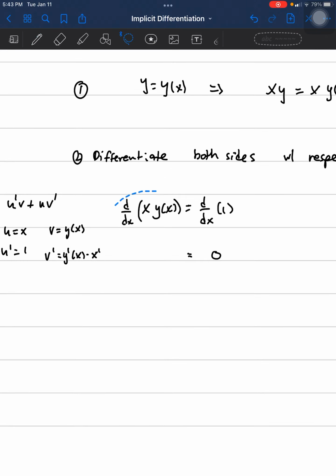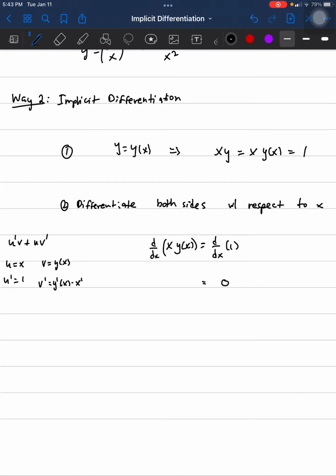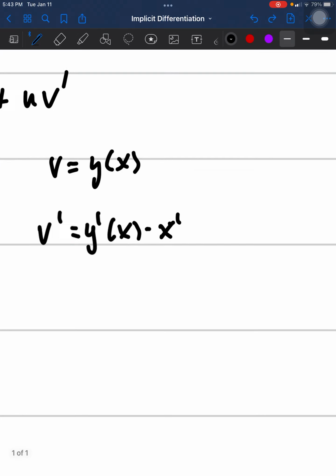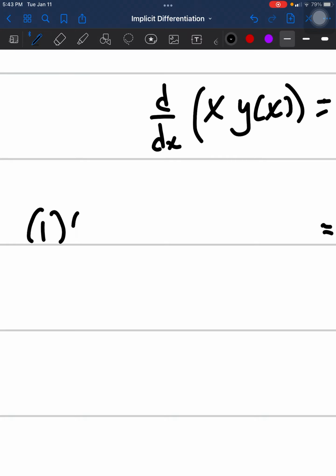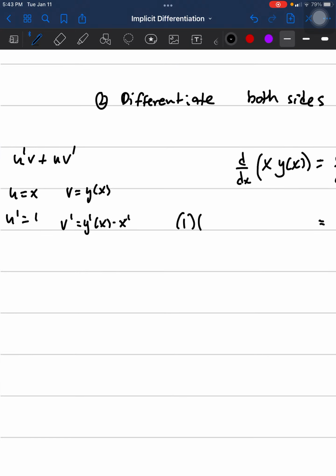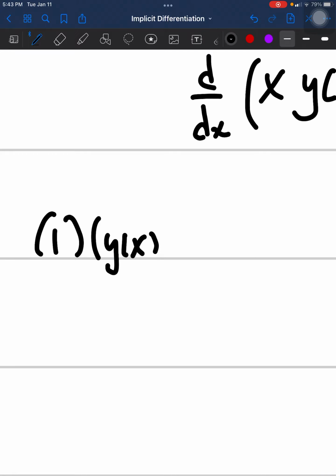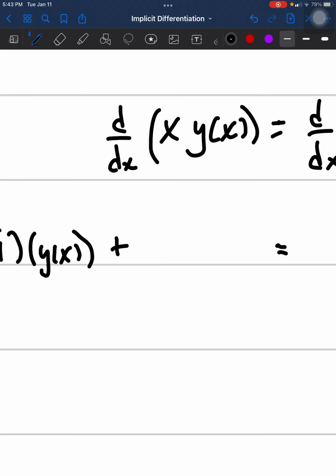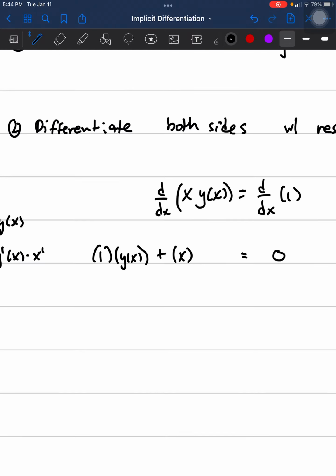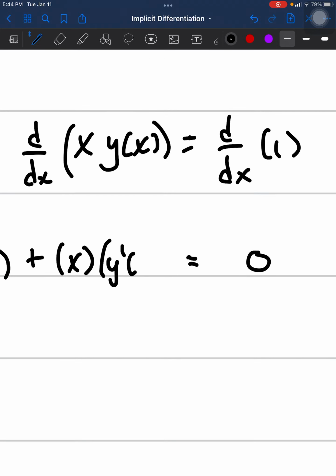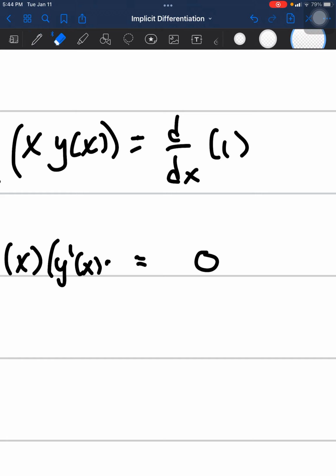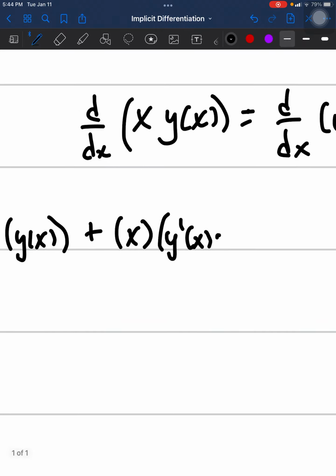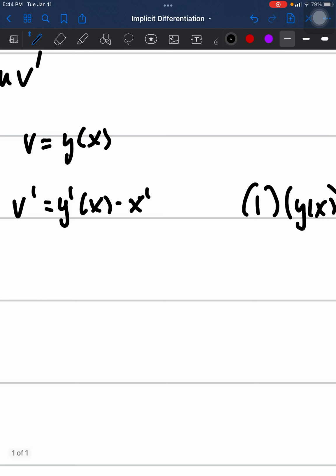So I'm moving on. Now we can put everything together. U prime we know is 1, so it's going to be 1 times v. We know v is y of x, plus u, which we know is x, and v prime, which we know is y prime of x, times x prime.